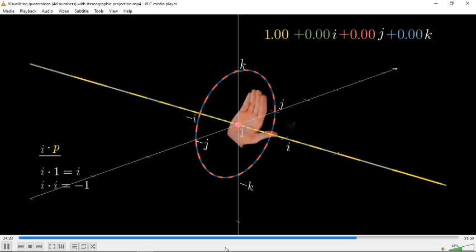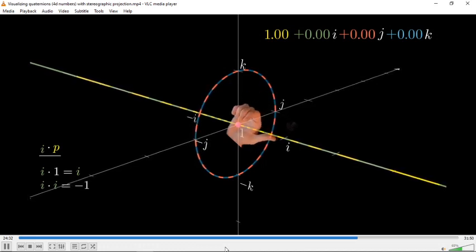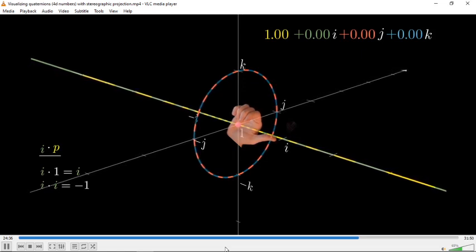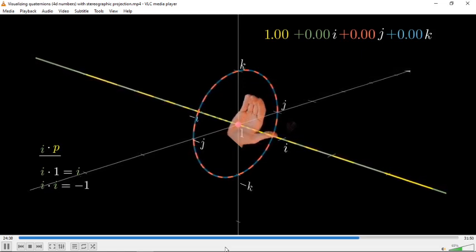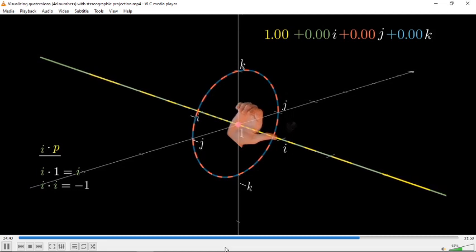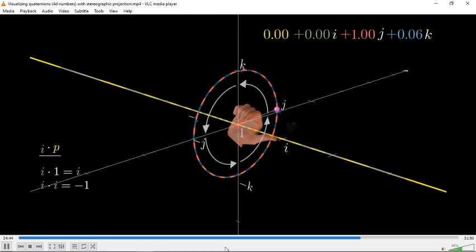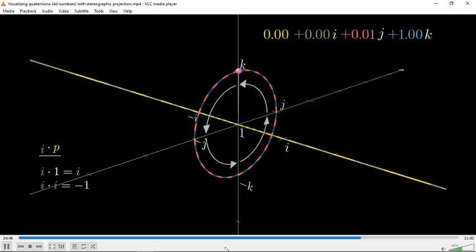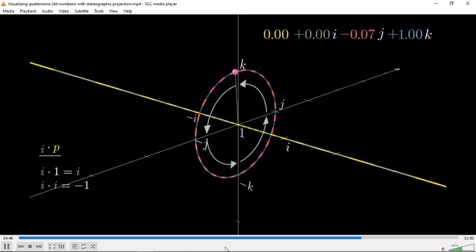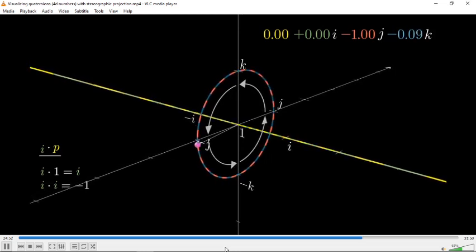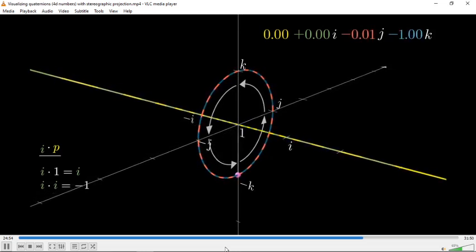If you'll excuse the intrusion of my ghostly green screen hand into our otherwise pristine platonic mathematical stage, you let that thumb of your right hand point from the number 1 to i, and you curl your fingers. The jk circle will rotate in the direction of that curl. How much? Well, by the same amount as the 1i circle rotates, which is 90 degrees in this case.